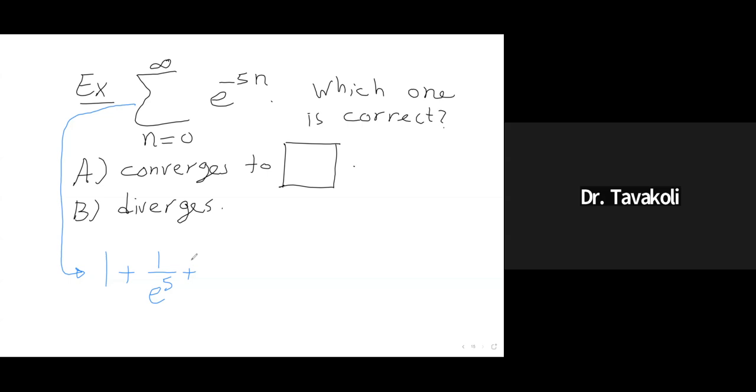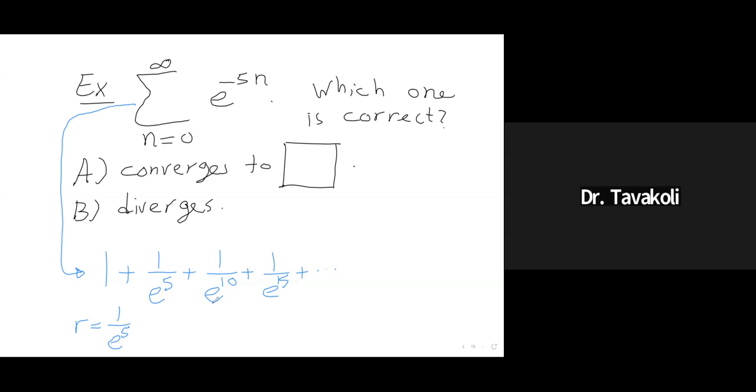When n is 2, e to the power of minus 10, and e to the power of minus 10 is 1 over e to the power of 10. If I do the next one, when n is 3, it's going to be e to the power of minus 15, which is the same as 1 over e to the power of 15, and so on and so forth. What is the common ratio here? The common ratio is obviously 1 over e to the power of 5. That's the number that, when multiplied by every term, gives me the next term.